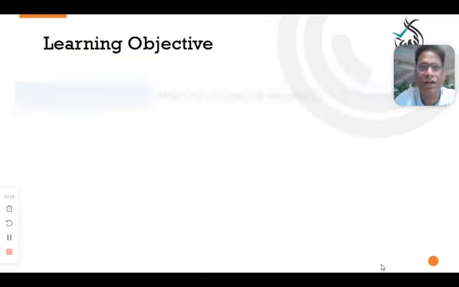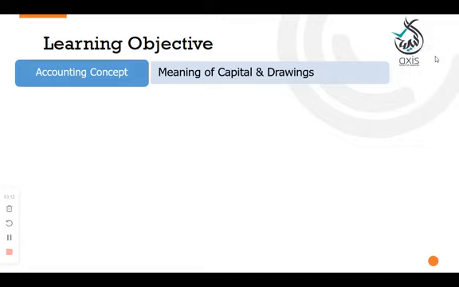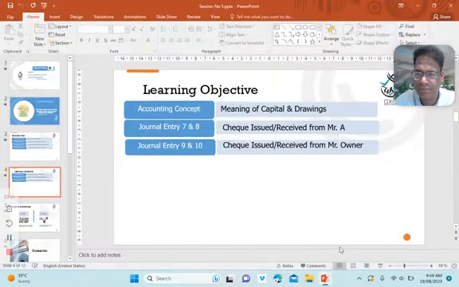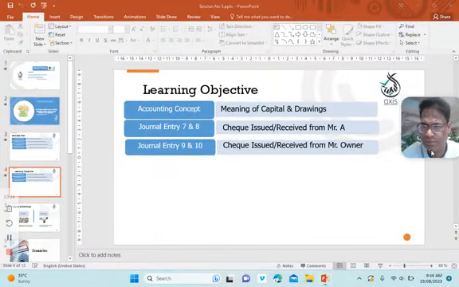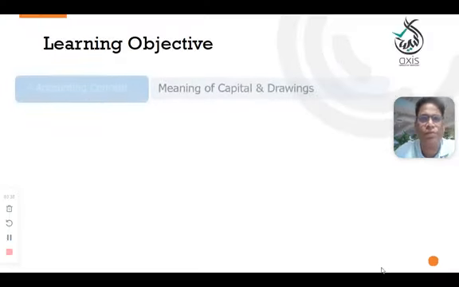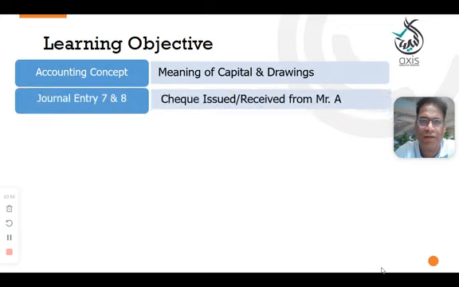Now in this session, what is the learning objective? The learning objective is, we are in the concepts called accounting concepts, the meaning of capital and drawings, which we tried to understand in the previous session, but today we'll help you with the meaning of capital and the drawings.